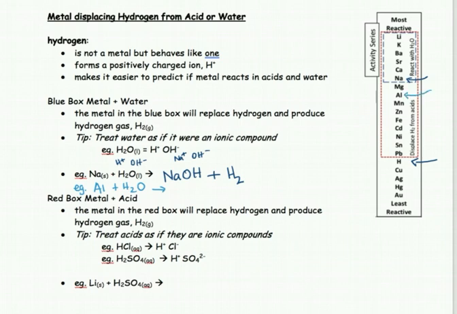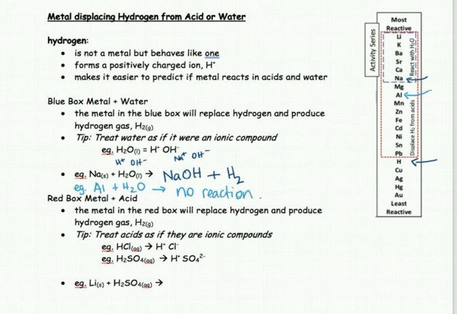What if we get aluminum and dump it into water, and is this reaction going to occur? See how aluminum is not inside the water box, the blue water box here. I know that aluminum is higher than hydrogen, so you're like, oh yeah, I should be able to knock out hydrogen. But since it's not in the water box, then it will not react. So you have to write no reaction.